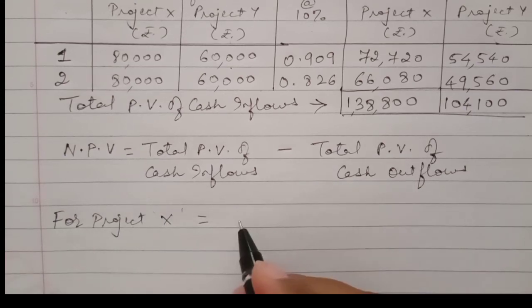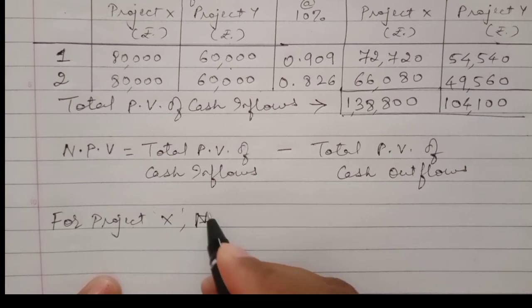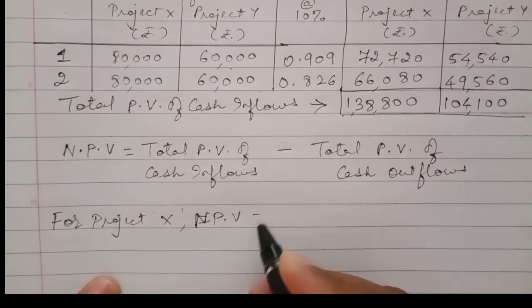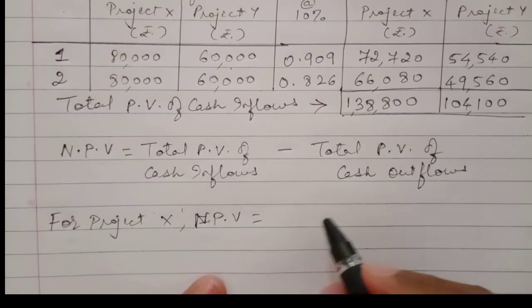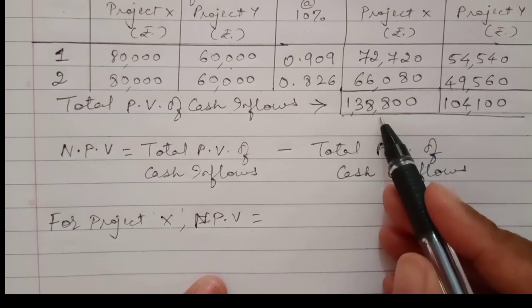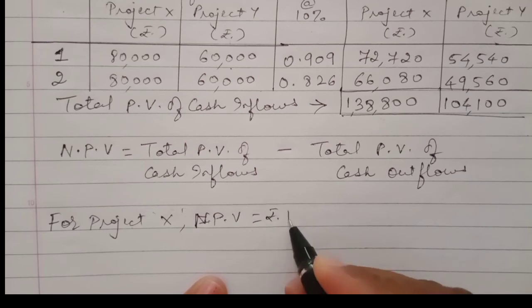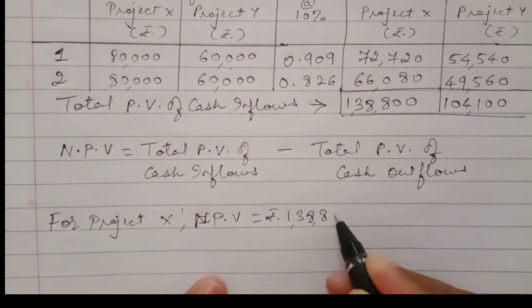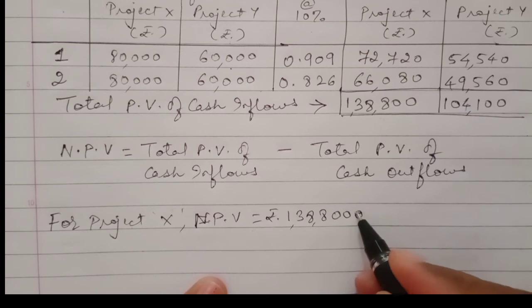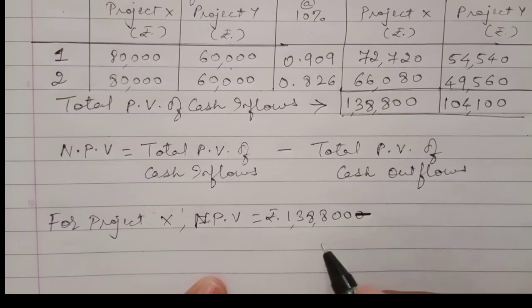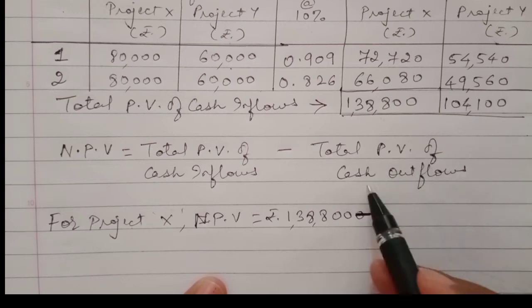NPV for project X is equal to, so we have total present value of cash inflows 1,38,800, minus total PV of cash outflows.